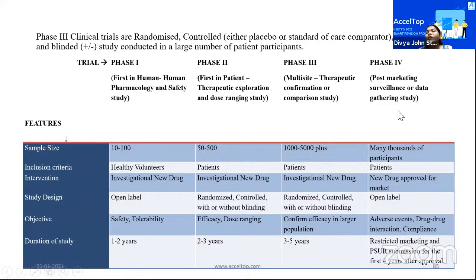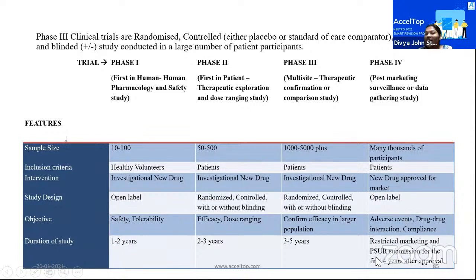Phase 4 is post-marketing surveillance or data gathering, where many thousands of patients are exposed to the new drug after market approval, and it is in an open label form. The adverse drug events, drug-drug interaction, compliance, and how the drug acts in special populations, like the geriatric population or patients with renal or hepatic dysfunction, all that you can collect by phase 4.